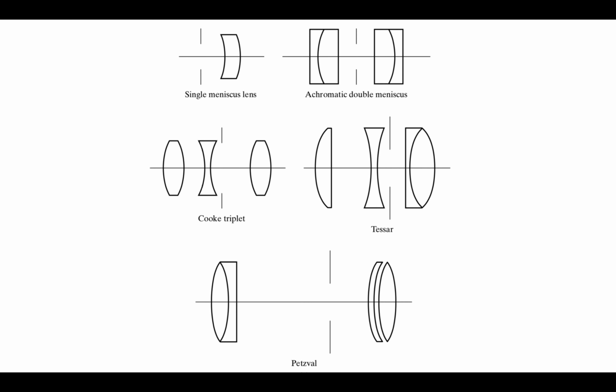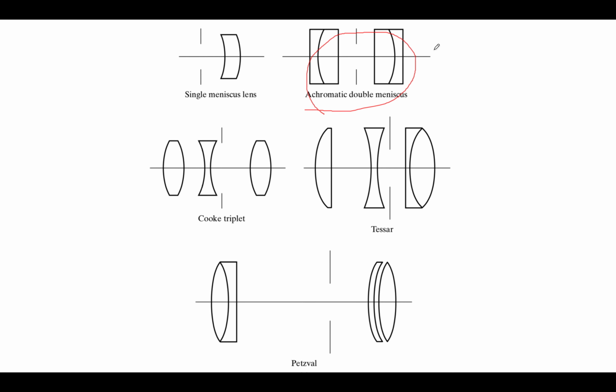And so these are different types of lenses. We discussed this particular combination before, this achromatic doublet meniscus. This basically removes polychromatic aberration. That is, the refractive index for blue and red is different, right?